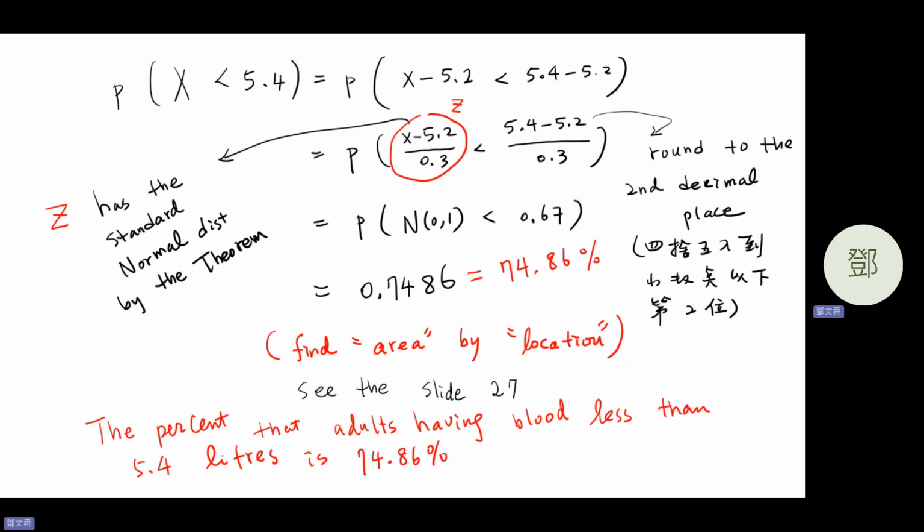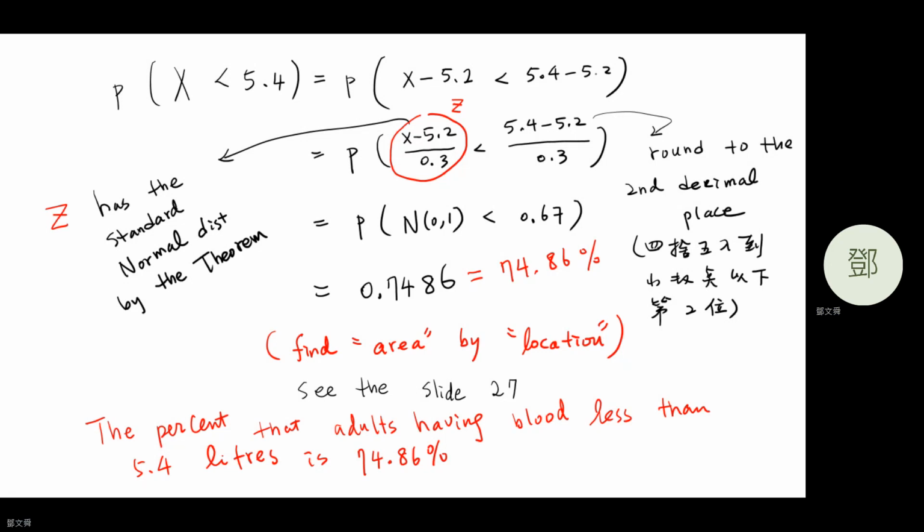Next application. Here we saw the standardization of a normal distribution. The standardization of X is done by subtracting mu and dividing by sigma. The standardization of X transforms X into the standard normal distribution.